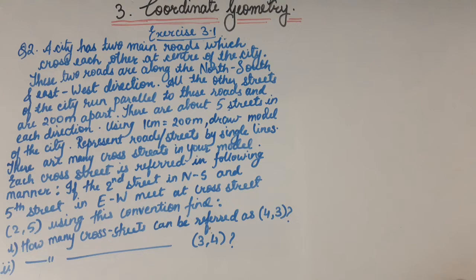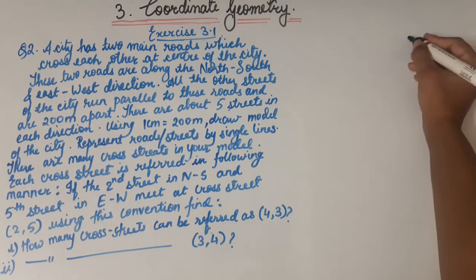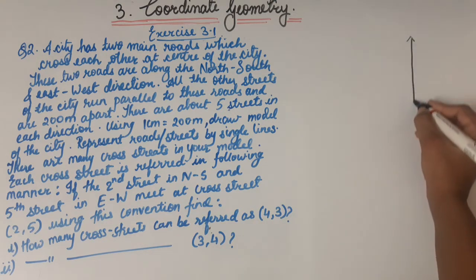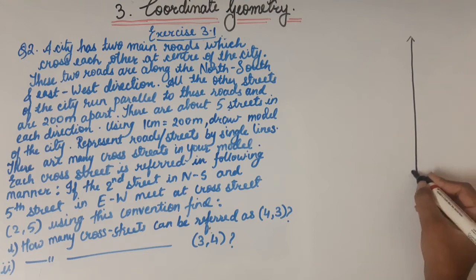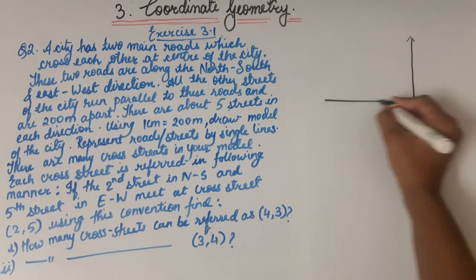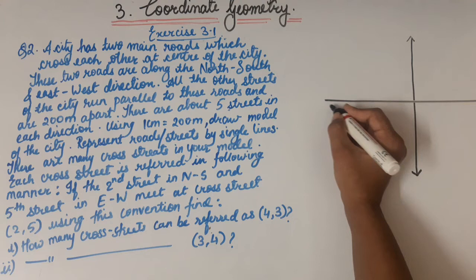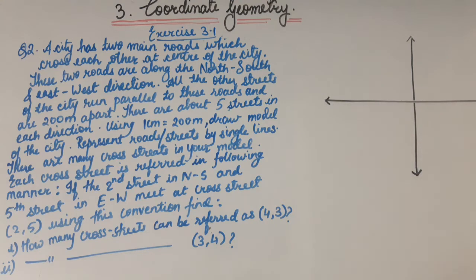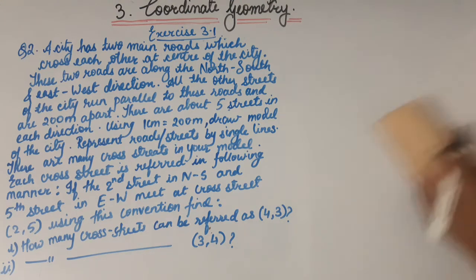The main roads are in the north-south direction and the east-west direction, and these two roads cross each other at the center of the city. So let these two be the main roads.